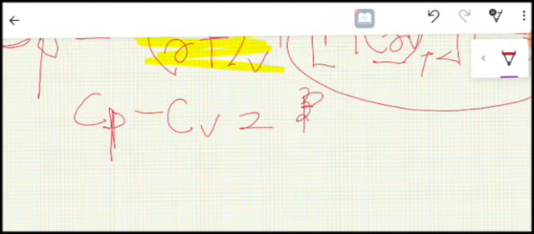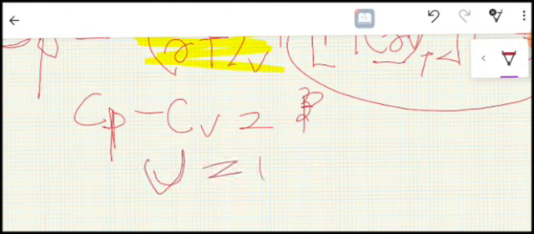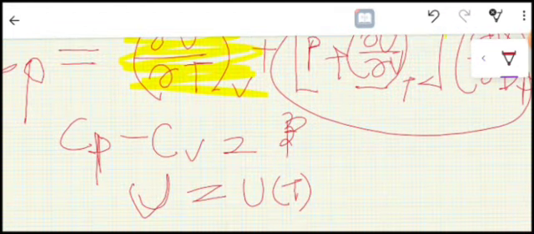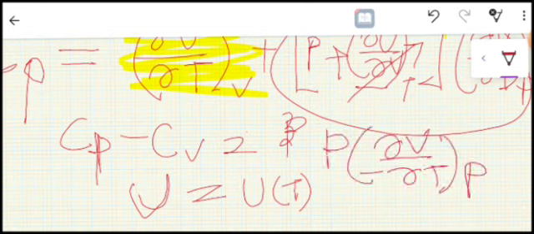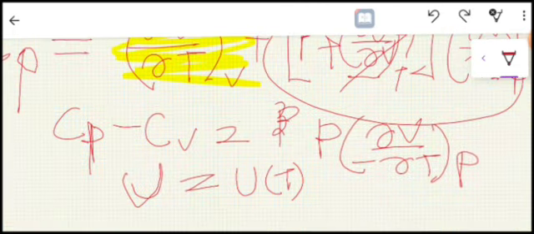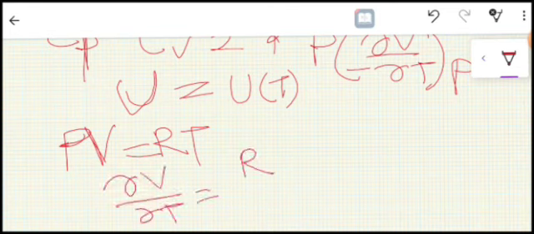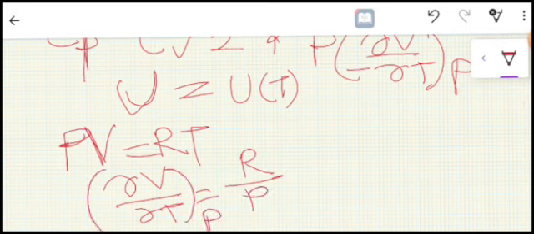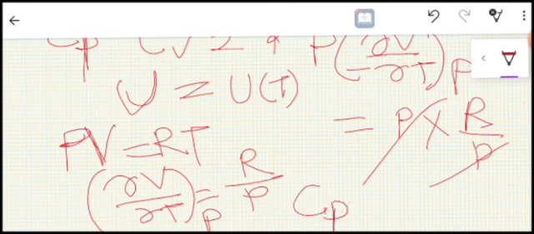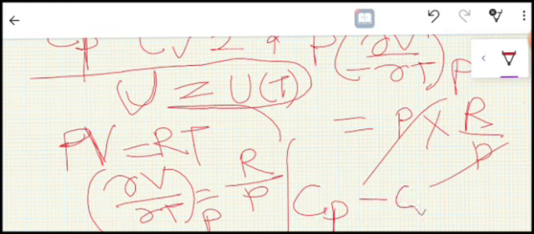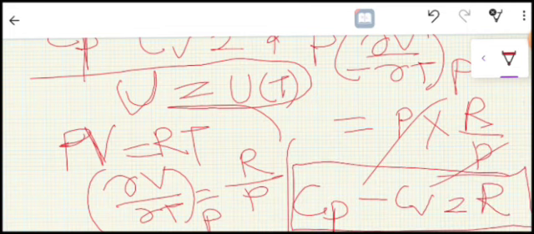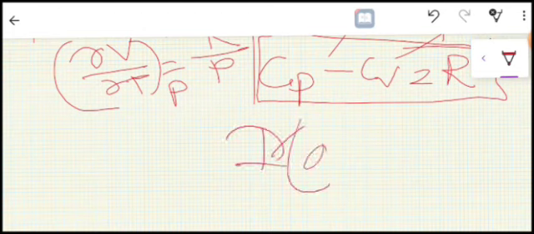Putting this value, we see that internal energy U for an ideal gas is a function of T only, so the ∂U/∂V at constant T term will vanish, so we only get P into ∂V/∂T at constant P. Now we know that PV equals RT, the ideal gas equation, so ∂V/∂T is equal to R by P at constant P. Putting this value we get P into R by P, P cancels out, so Cp minus Cv will be R. This is a very important relation, known as Meyer's relation.